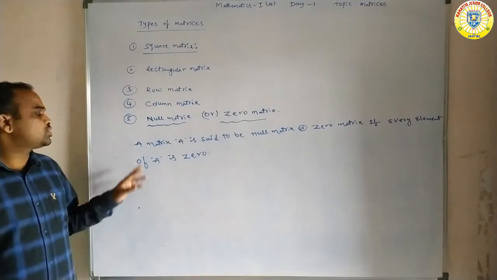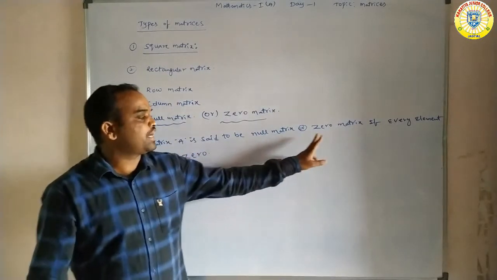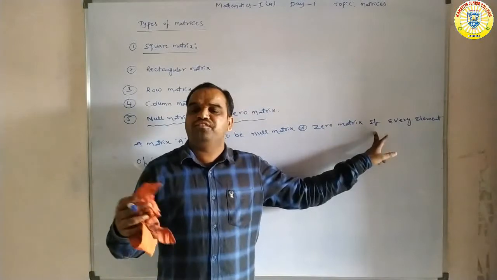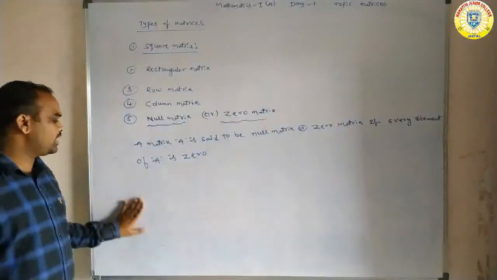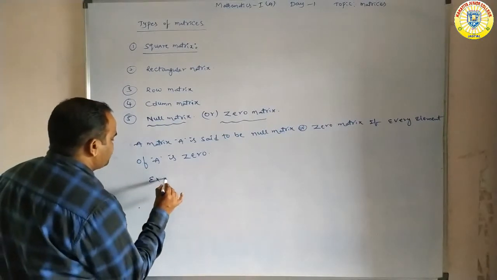Okay now, so a matrix capital A is said to be a null matrix or zero matrix if every element of capital A is 0. Okay now, here we are writing an example.